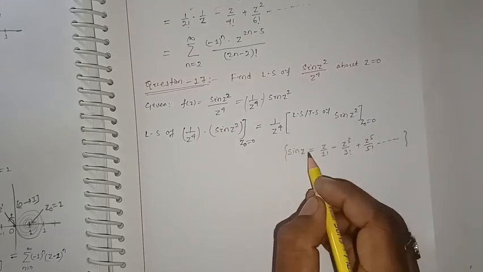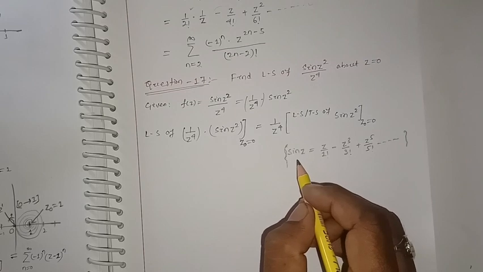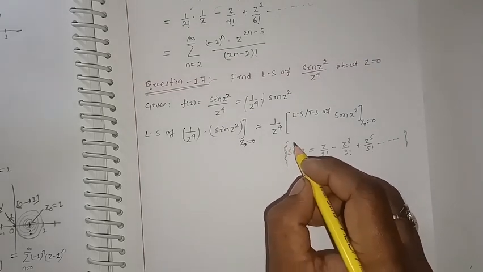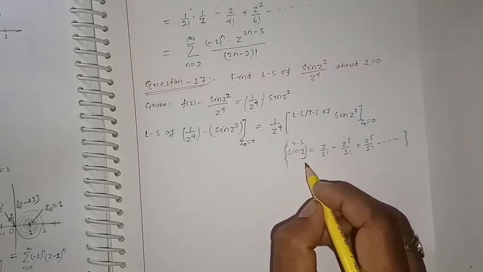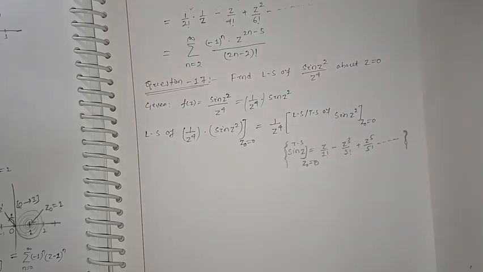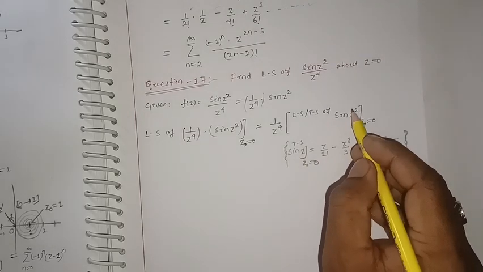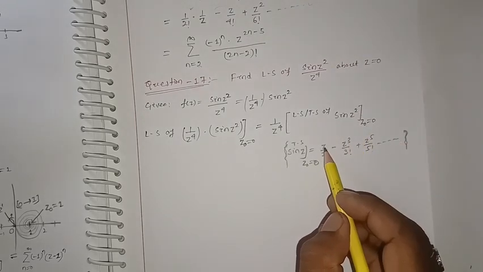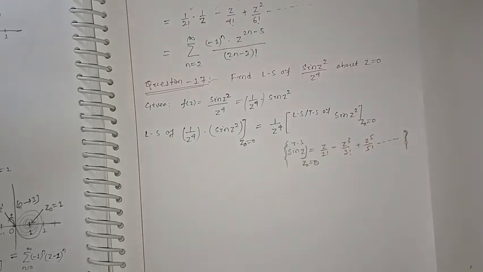This is the sin z expansion, or the so-called Taylor series of sin z about z0 equal to 0. We know that, from when we discussed the Taylor series. But here instead of z, it will be z square. We have to write that. Okay.